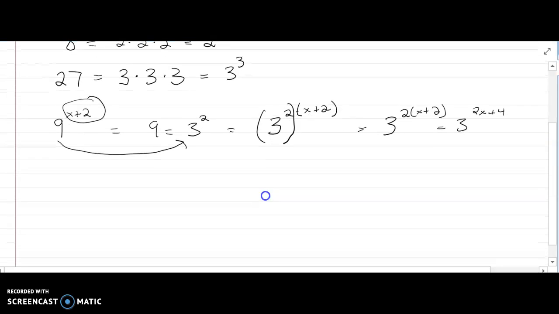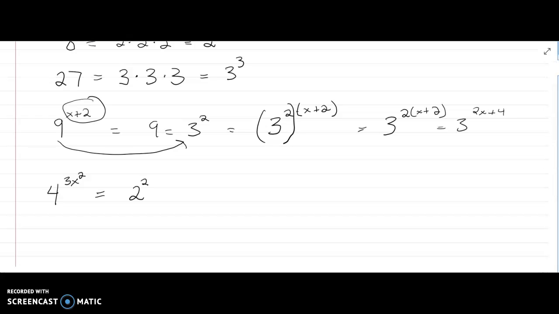Okay, let's try another one. What if I had 4 to the 3x squared? Let's try that one. Well, I know I can rewrite 4 as 2 squared. I want to rewrite the 4 using exponents, so I rewrote it as this.